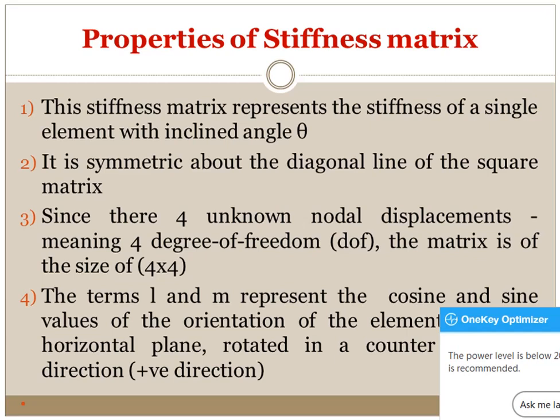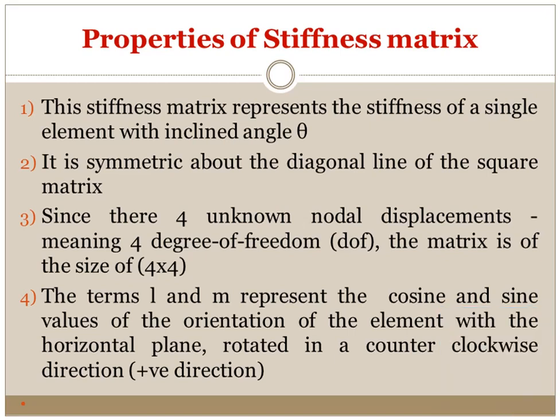It is nothing but the order of the stiffness matrix corresponds to the total degrees of freedom. Then the terms L and M represent the cosine and sine values of the orientation of the element with the horizontal plane, rotated in the counterclockwise direction, so we can always take it as positive. Each column of the stiffness matrix is an equilibrium set of nodal forces required to produce a unit displacement in the respective degree of freedom.